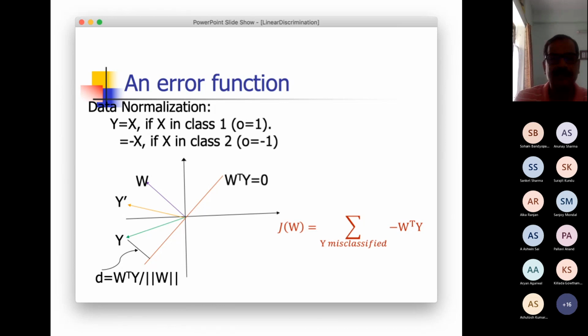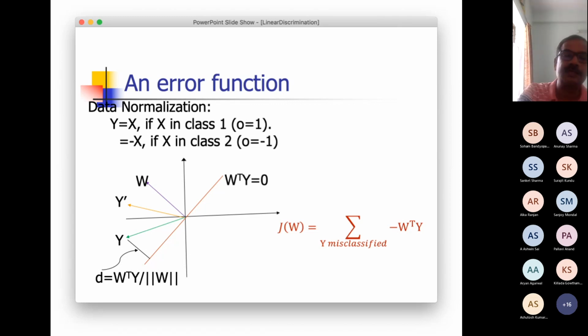First, there is a certain trick we'll follow to make the computational problem a bit simpler. We'll bring all the data points under one side of the hyperplane, which means we'll make a normalization or a transformation in this way.